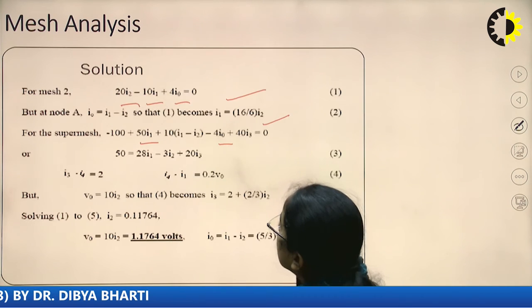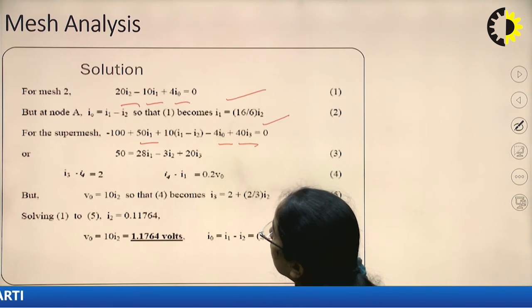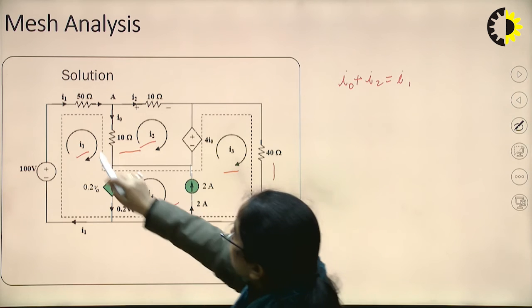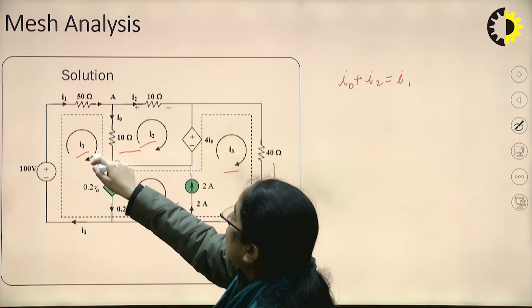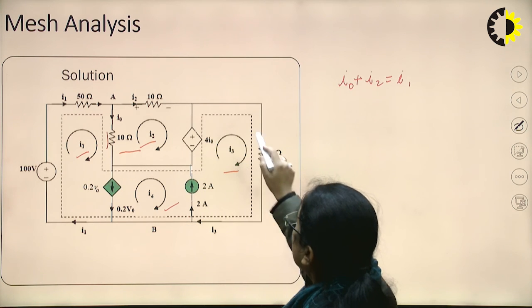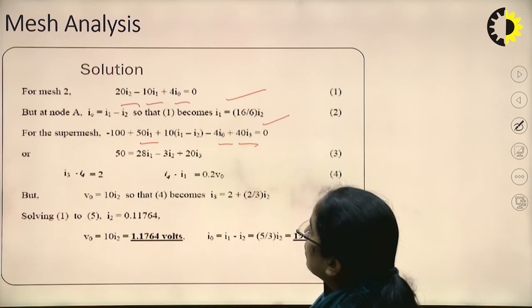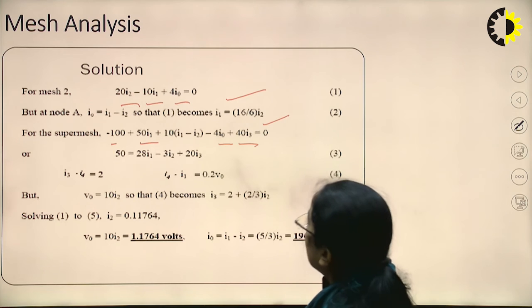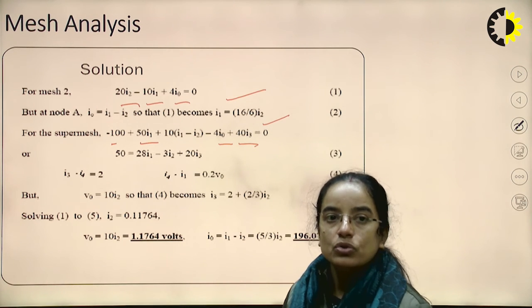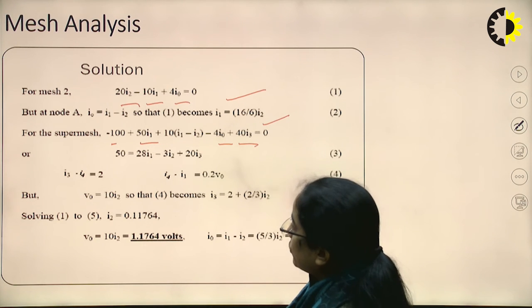Here also, 10 I1 minus I2, minus 4 I0 plus 40 I3 equals 100. Now I1 and I2 are directly related, so we will simplify this equation.